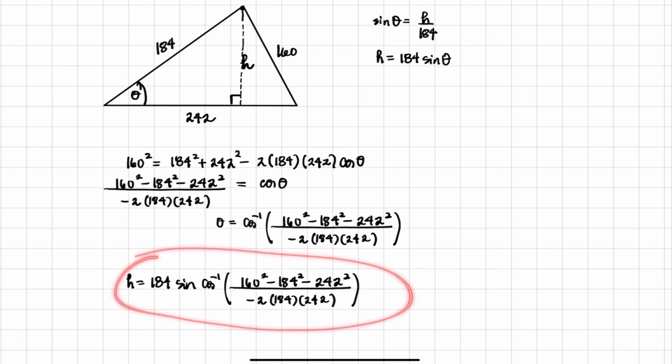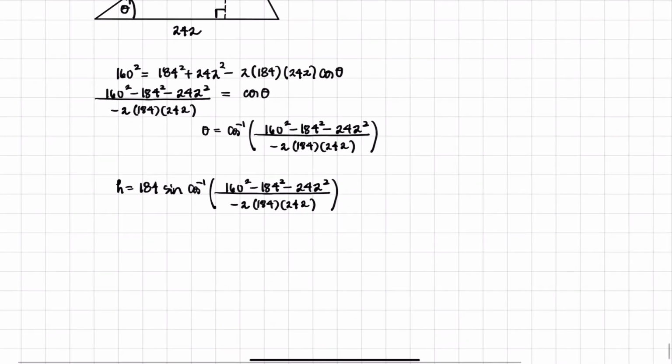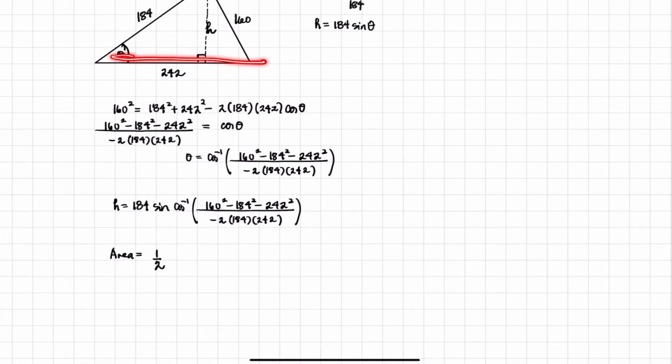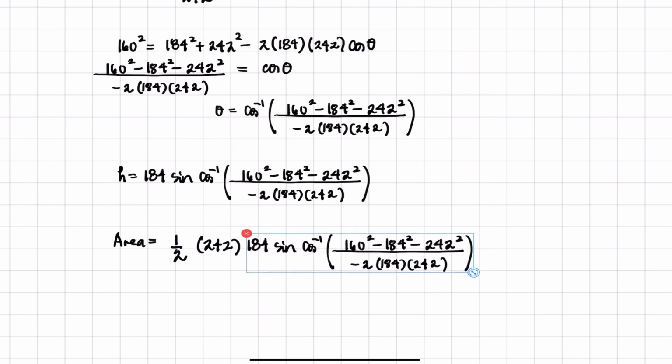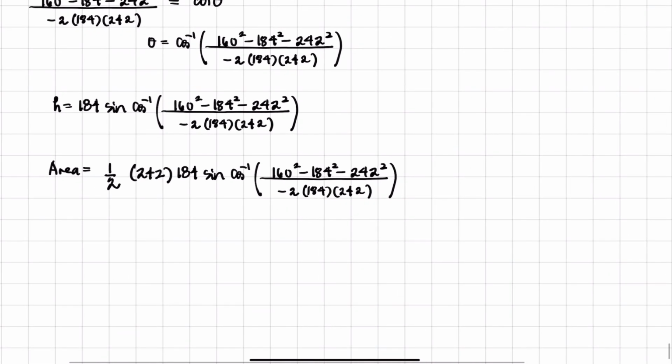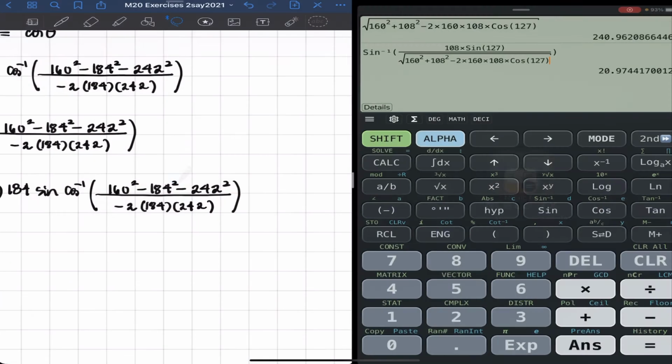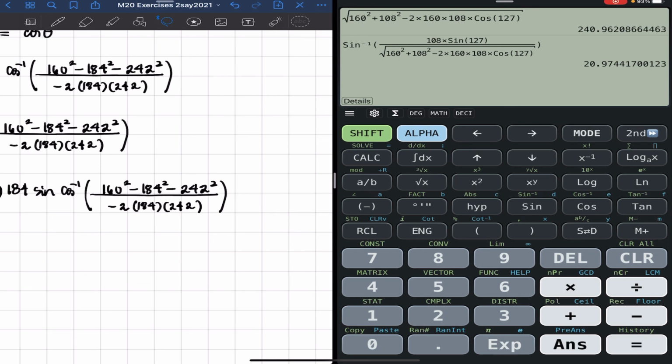Number lang yan. So, ano na yung area ng triangle? Para isang calculate na lang tayo. Area is equal to 1/2 base 242 times the height times h. But this is h. Okay, yan yung ipapasok ninyo sa calculator. Hindi kaya ng brain cells natin yung i-manual.